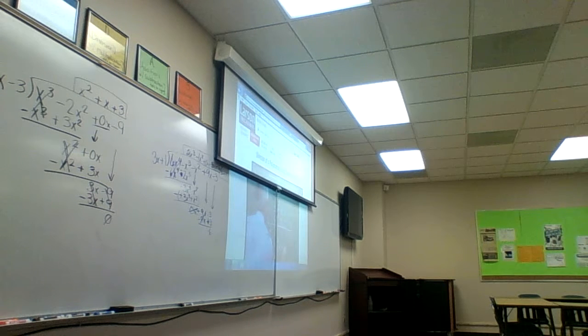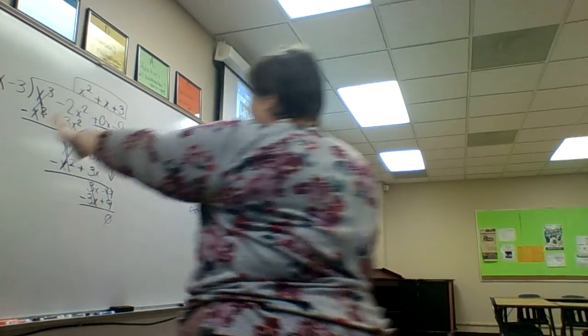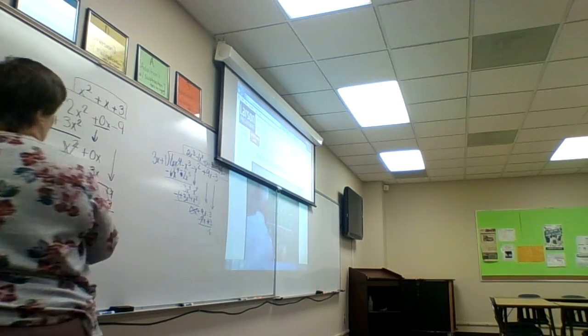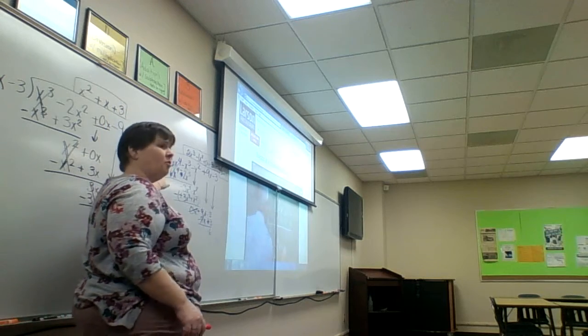Okay, for synthetic division, there is an easier way to do this if I'm able. For instance, with this one right here, I am able to do synthetic division. That one I am not because it does have a coefficient.